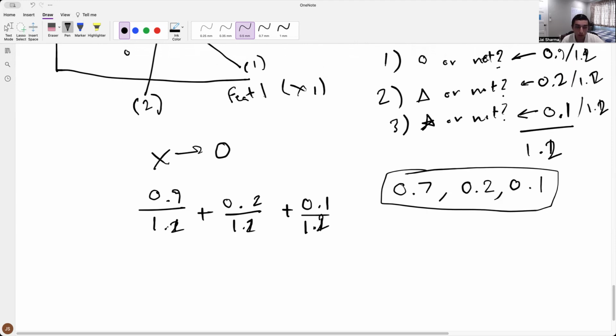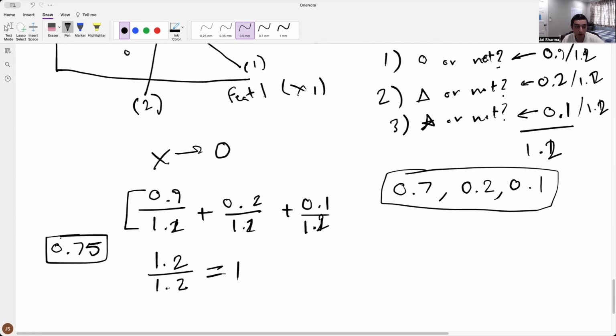Okay. And so how do I know that this will sum to 1? It's because if I add the stuff in the numerator, that's 1.2, and that's actually what we did in order to get the 1.2, which was what we divided by. So if we get 1.2 divided by 1.2, we get 1, which means we can now interpret this as a probability. 0.9 divided by 1.2 I think is 0.75.